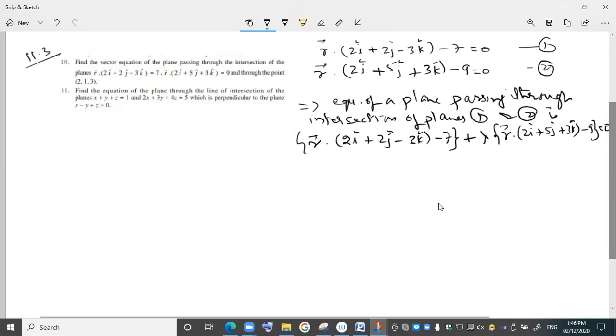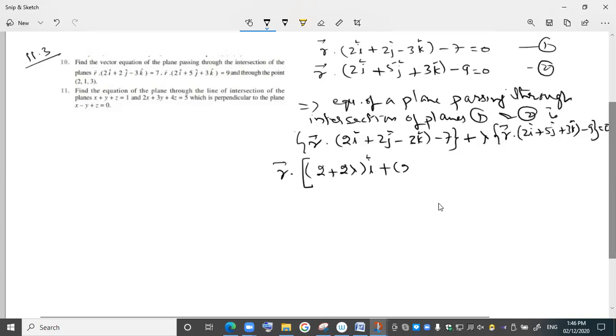Okay, r dot is common. If you want, you can take r dot common, dot product. Then you can solve this one. r dot 2i plus 2 lambda i, so this will become 2 plus 2 lambda i cap, means coefficients of i cap. From that you take i cap common.